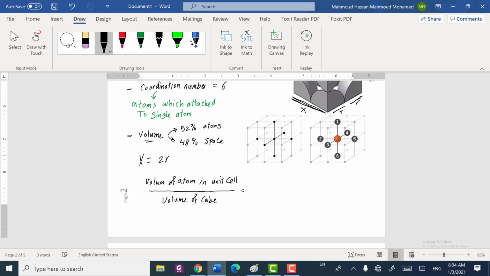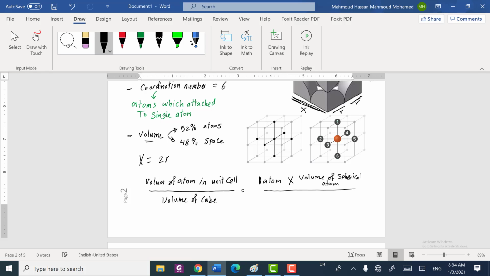We have only one atom, and the volume of the spherical atom, since the atom has a spherical shape, divided by the volume of the cube.